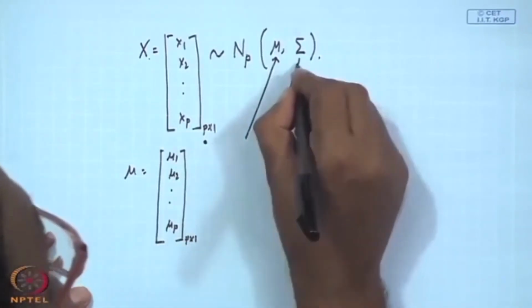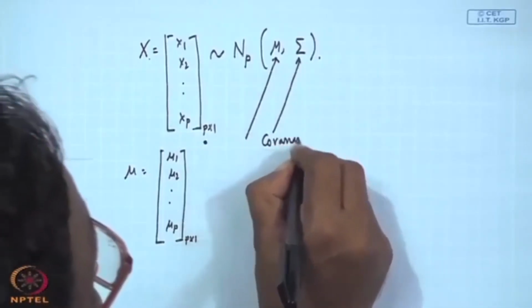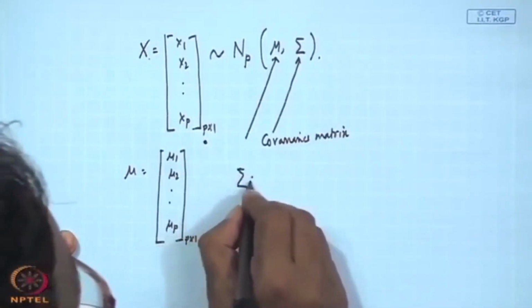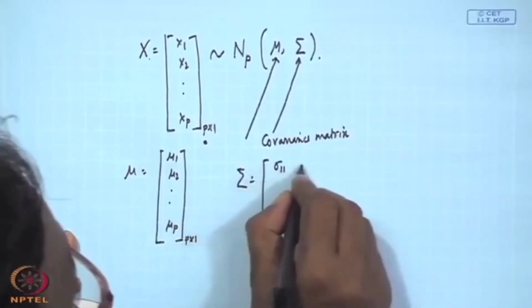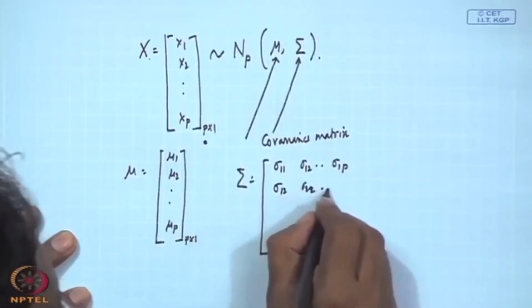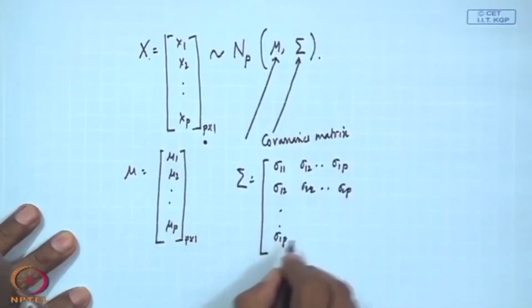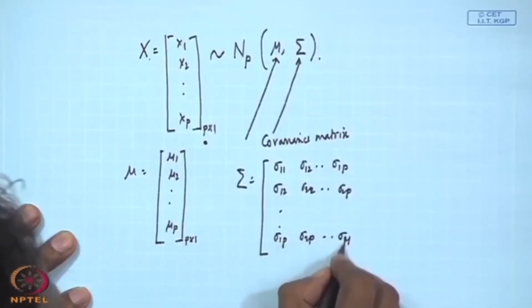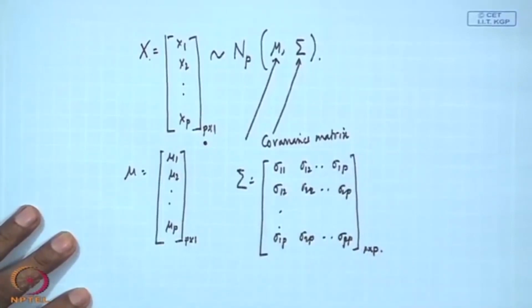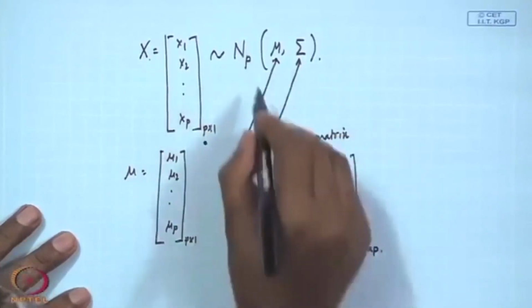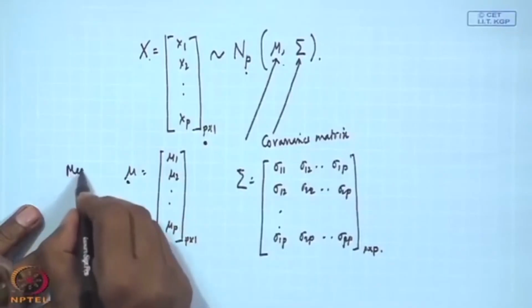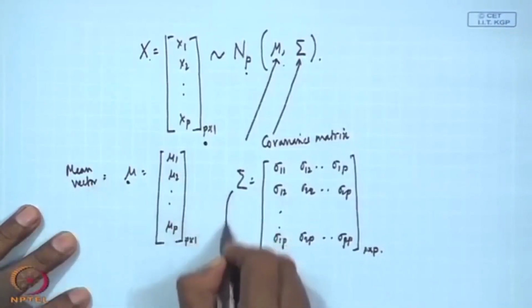And you also know this one is the covariance matrix. This covariance matrix is a p cross p matrix: sigma 1 1, sigma 1 2, sigma 1 p, sigma 1 2, sigma 2 2, sigma 2 p, sigma 1 p, sigma 2 p, sigma p p. The multivariate normal distribution is characterized by p variables with parameters mu, the mean vector, and the covariance matrix.